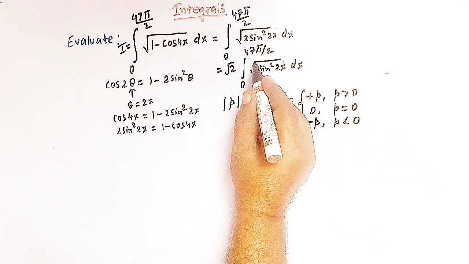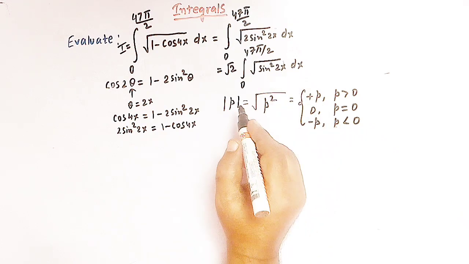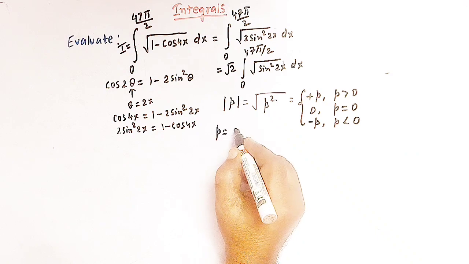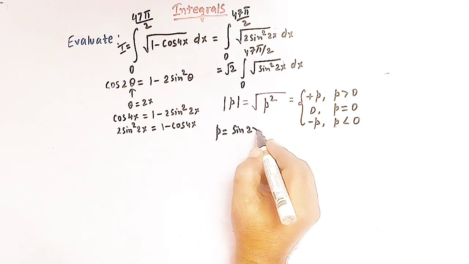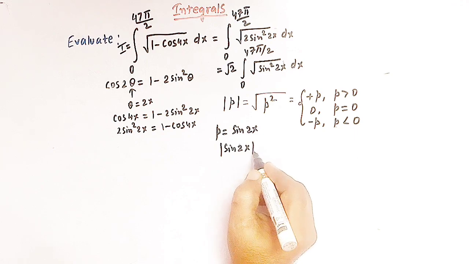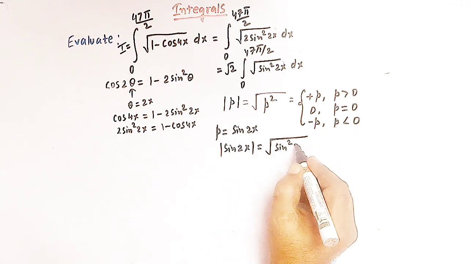So here we have square root of sine square 2x. So let us here replace this p by sine 2x. So mod of sine 2x is equal to square root of sine square 2x.